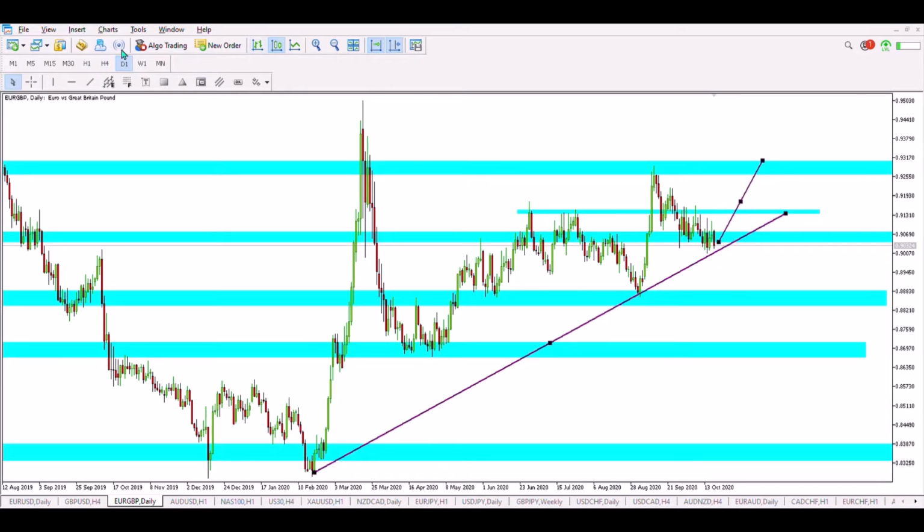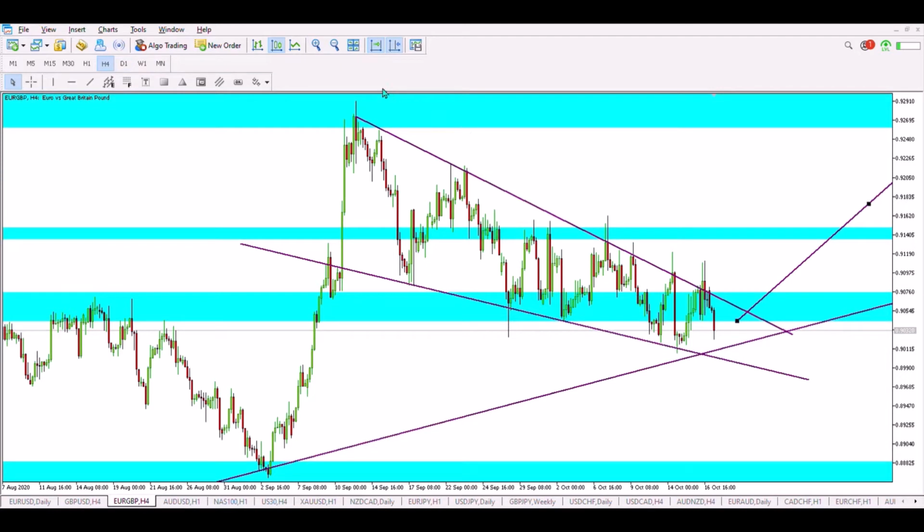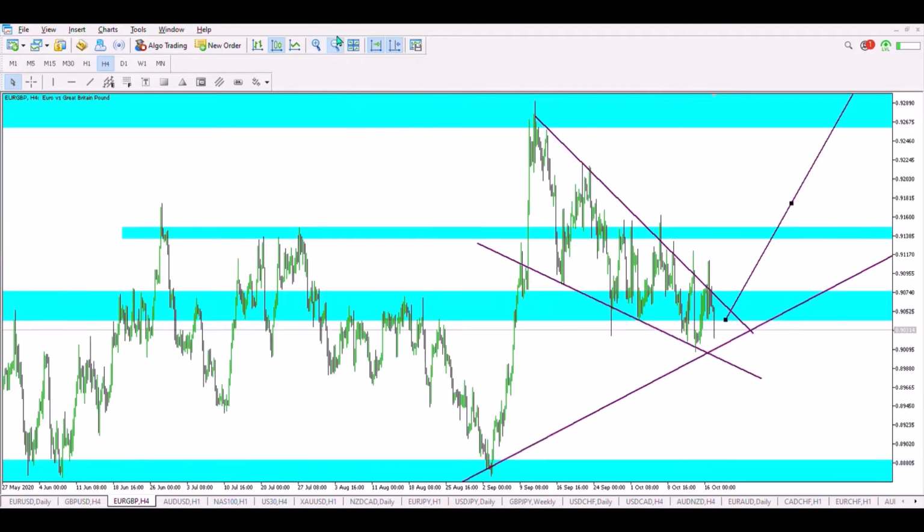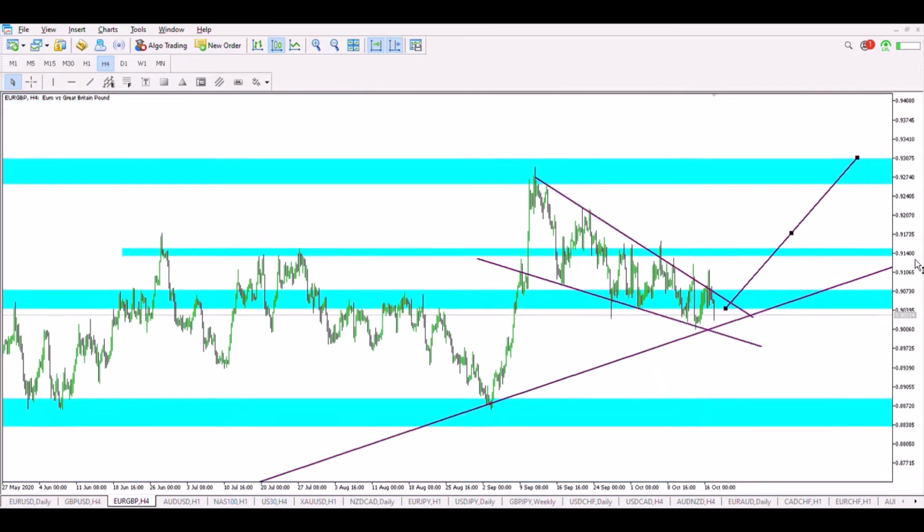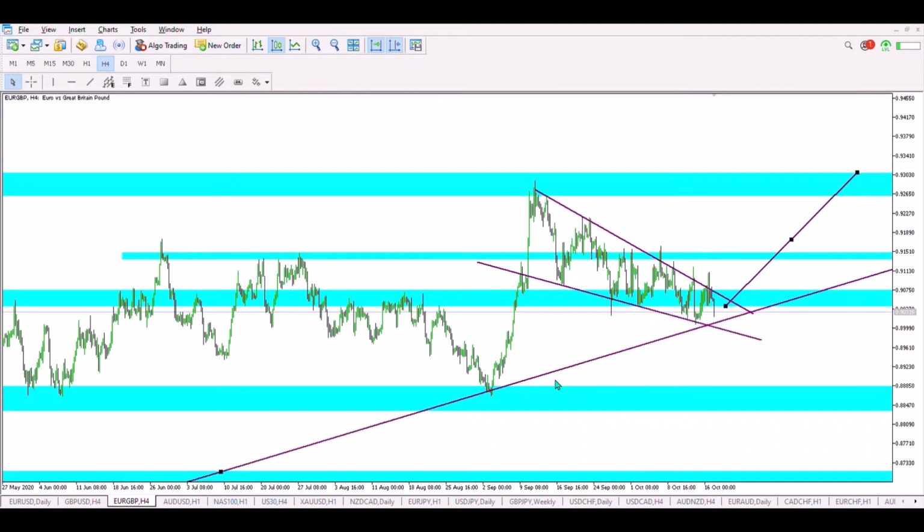Also, we have another confluence for this, because on the 4-hour chart we have this falling wedge pattern, which is a continuation pattern, some sort of a flag pattern, which says that after a breakout we can continue bearish. How much? As much as the height of the wedge pattern.